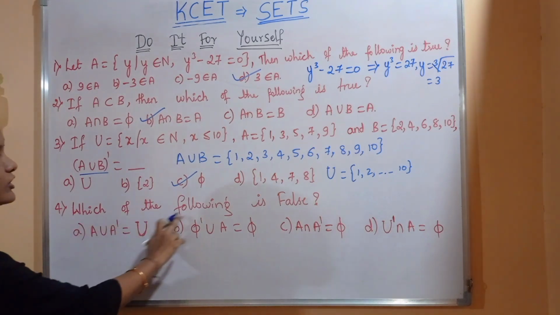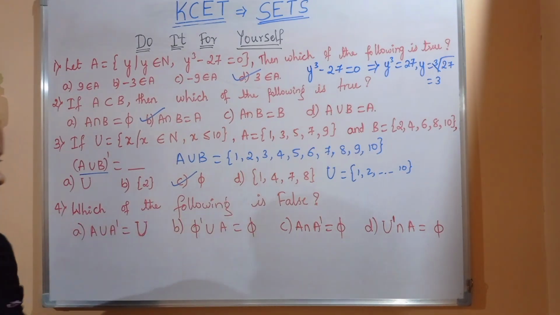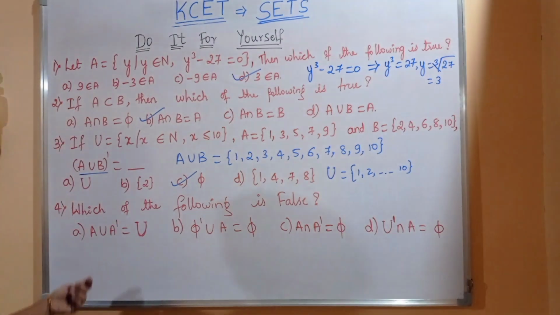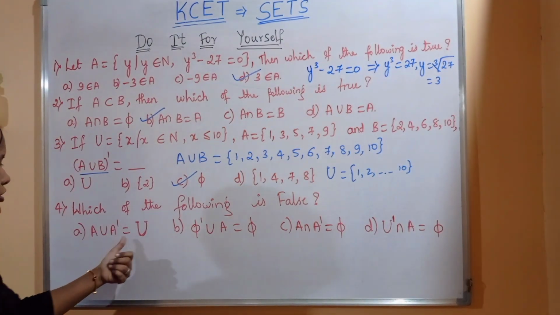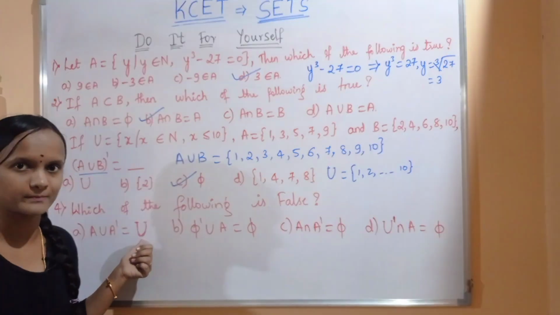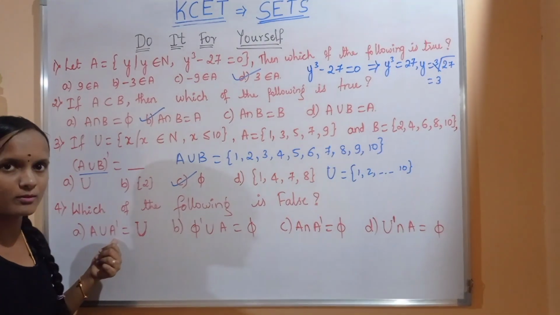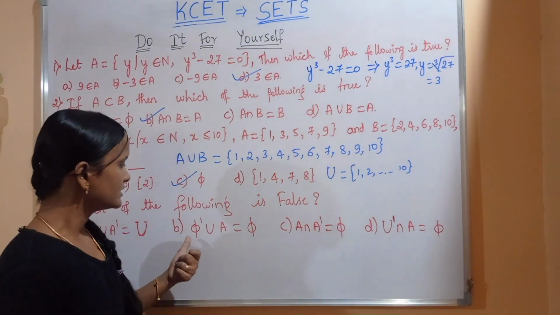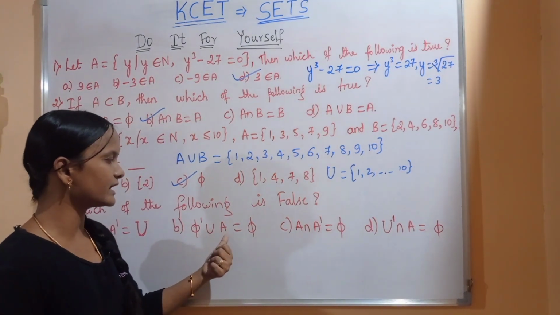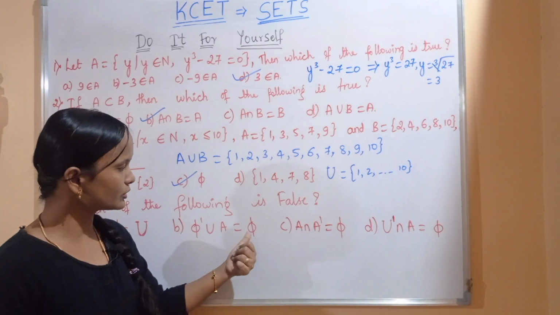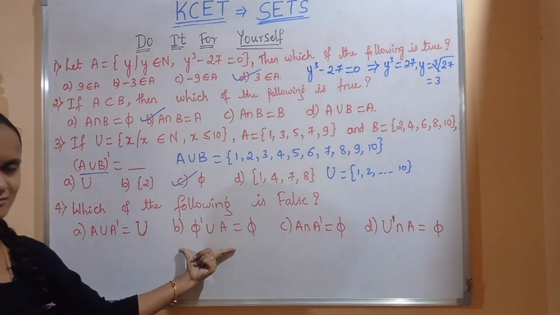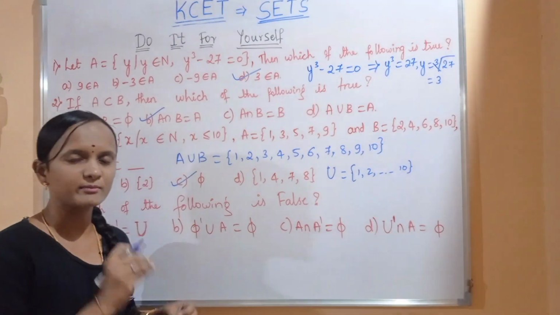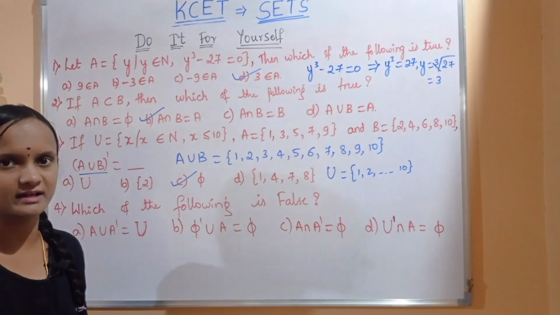Next, which of the following is false? In these given statements, which is false? First one, A union A complement is equal to universal set. It is true actually. Next, null complement union A is equal to null. This is wrong because null complement means leaving the empty set, all elements are present in that.